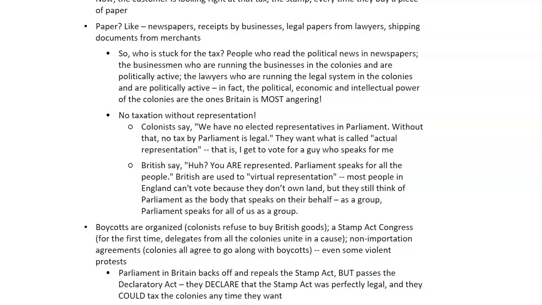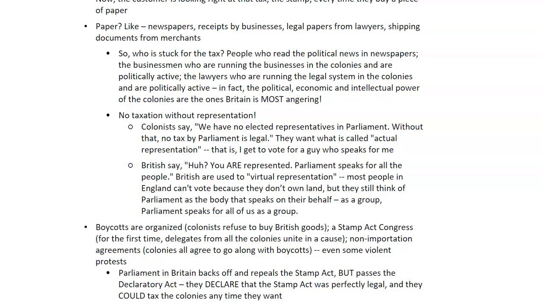But the British say, you are represented. Parliament speaks for all the people. The British are used to a thing called virtual representation. Most people in England can't vote because they don't own any land. You could only vote if you owned land.